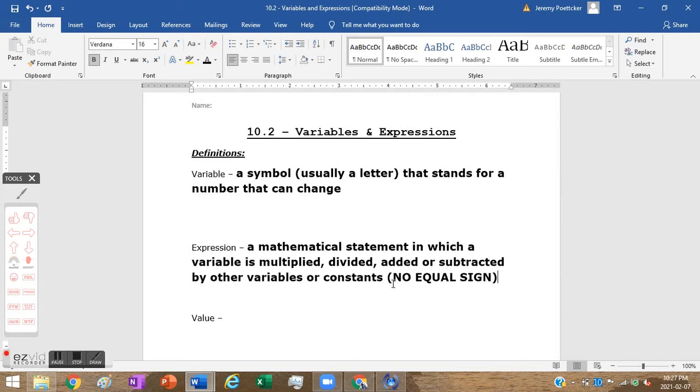So an expression might be as simple as, thinking back to our can of soup, where the cost of our can of soup was C. If I decide I'm going to buy 8 cans of soup, I could give an expression for the total cost: 8 times the cost of 1, so 8 times C. Normally I don't write the multiplication symbol, so I would actually write this as 8C.